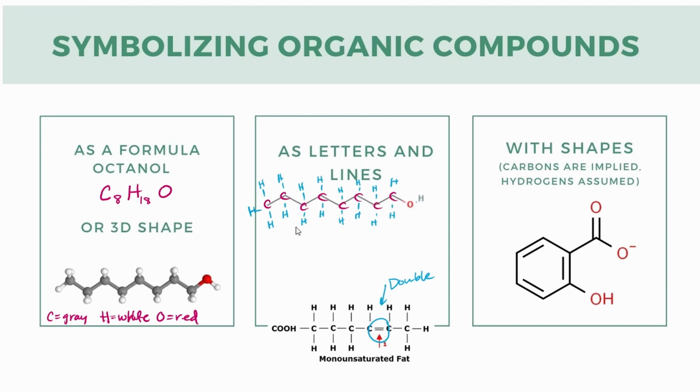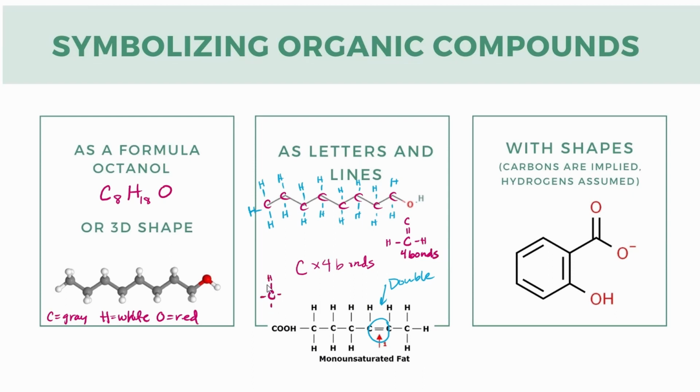The big thing with carbons is that they have the capacity to have 4 bonds. In some cases they'll have a double bond, but wherever there isn't a single or double bond represented, we can assume that there is a hydrogen in its place.